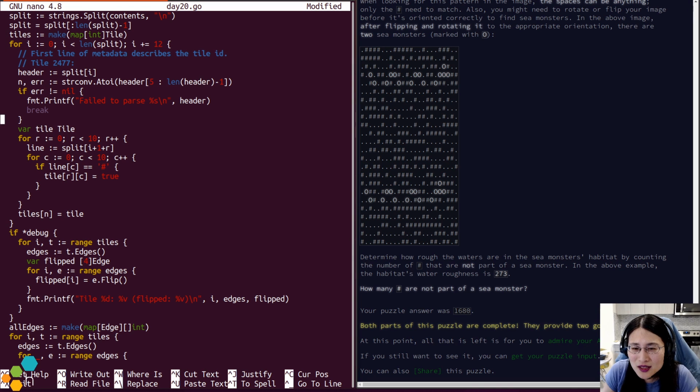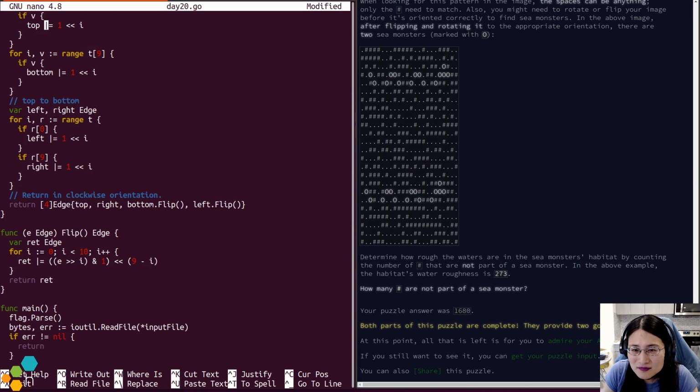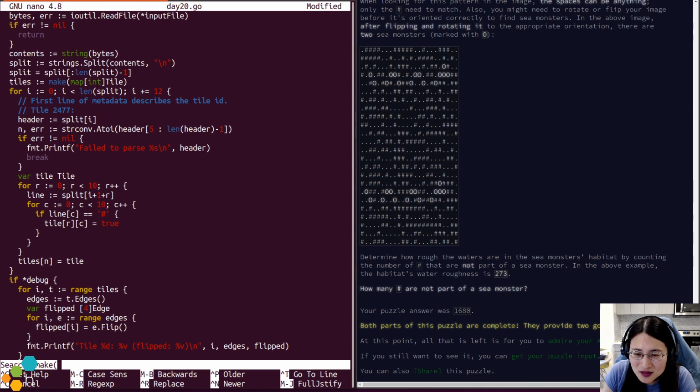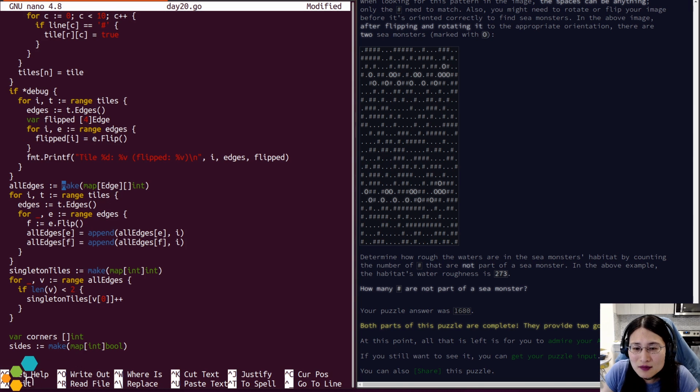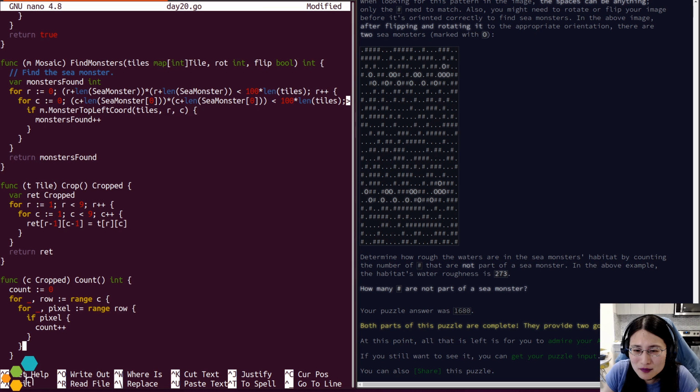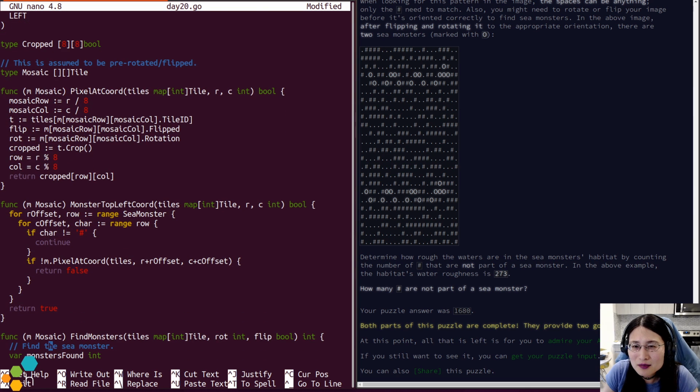So a new tile is being constructed. Do I ever run make? Fascinating. I do not seem to ever run make on the cropped.